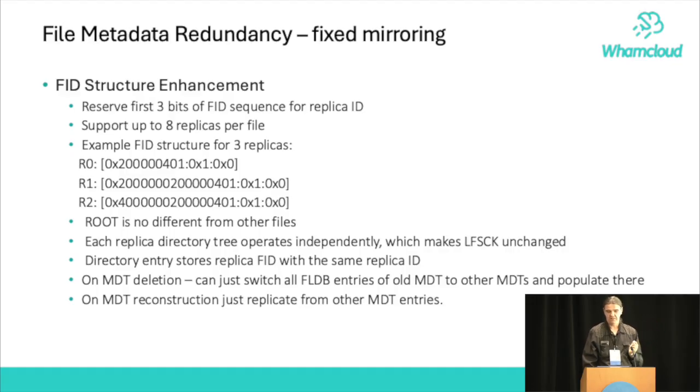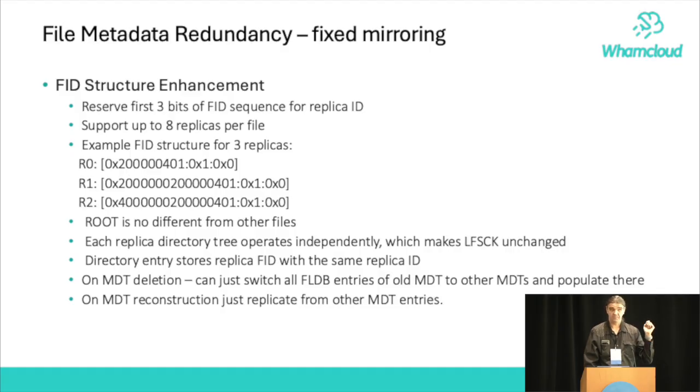So here's an example of a regular FID and the 2 mirrors, for the case of 3 mirrors. We would only store the normal FID as a pointer, as is the case now, but we will remember in the other place how many actual replicas there are.